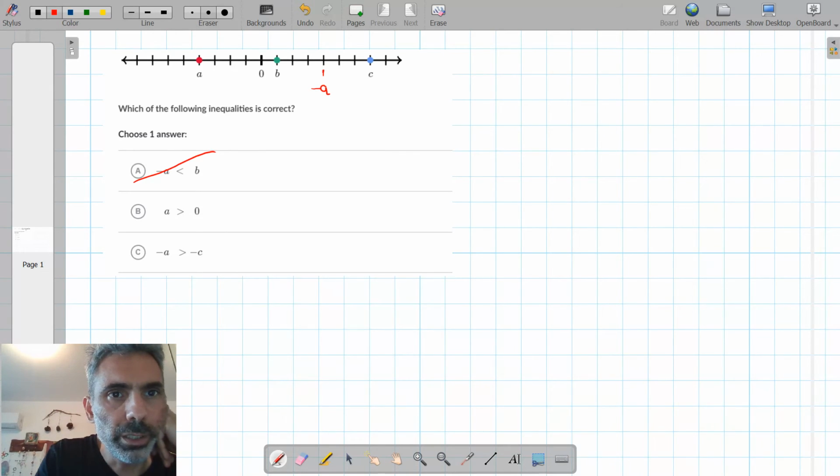A is greater than 0. This is also not correct, because we see that 0 is to the right of A, so 0 is greater than A. So option B is not correct.